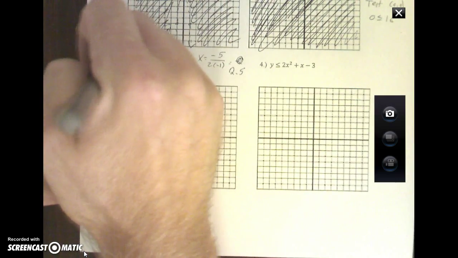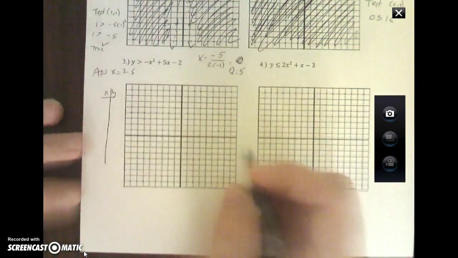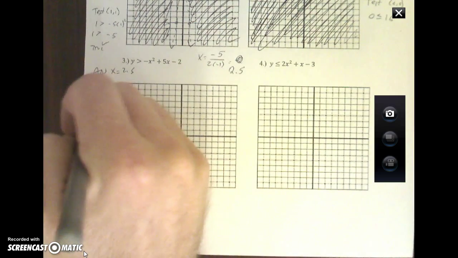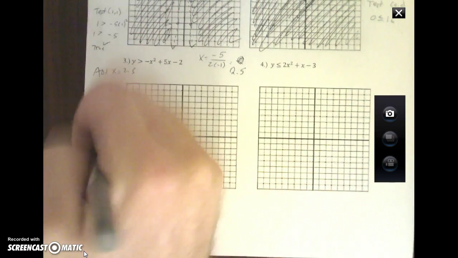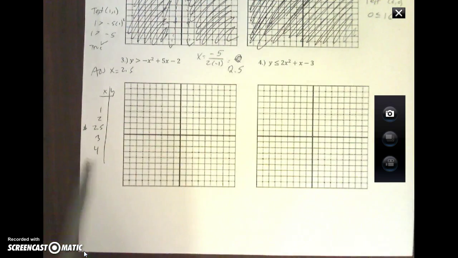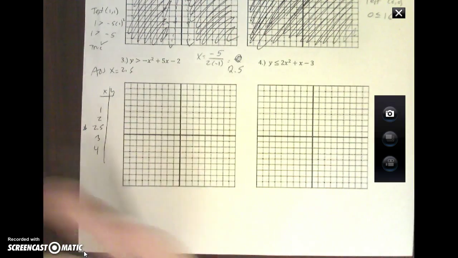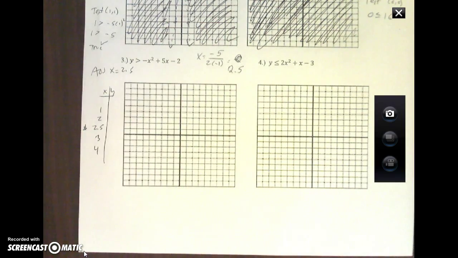My AOS is x equals 2.5. Now I'm going to go back to 2, forward to 3, then back to 1, forward to 4. I talked about this in class. Make your life easier. Decimals they're not that bad, but just to make your life simpler. All right, I can go back a half, forward a half, and then go back 1, forward 1. It's still all symmetric.